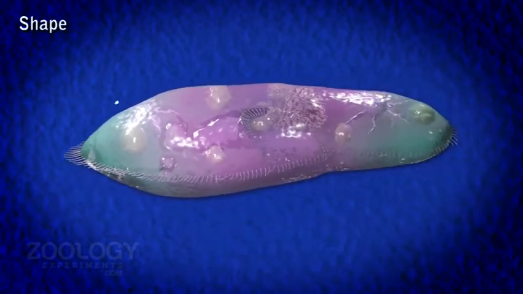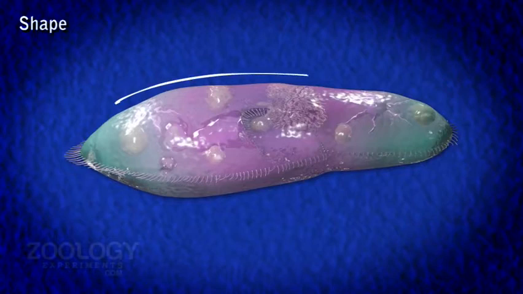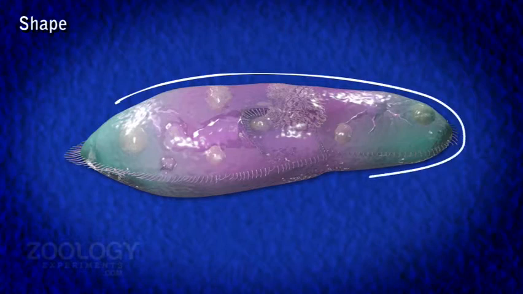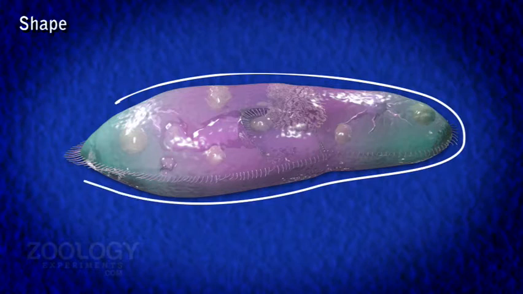Shape. Paramecium is often described as slipper-shaped. Its shape is usually constant, in general asymmetrical. Paramecium caudatum means slipper-shaped animalcule.